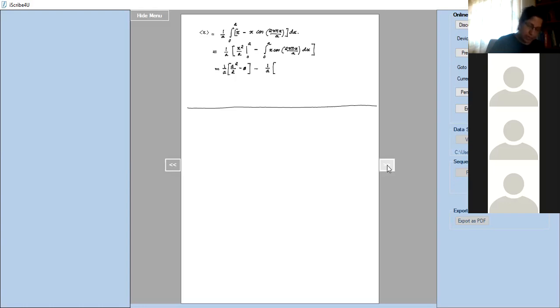So we have a cosine of 2n pi x by a by 2n pi by a from 0 to a plus, am I doing it right?